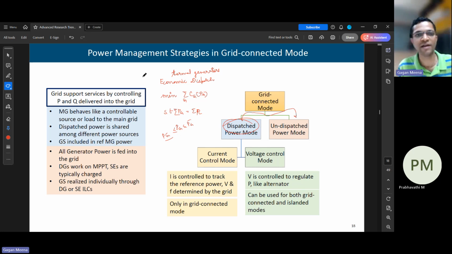The microgrid can provide support services to the main grid by controlling the active and reactive power delivered into the grid. So here the microgrid behaves like a controllable source or load to the main grid.